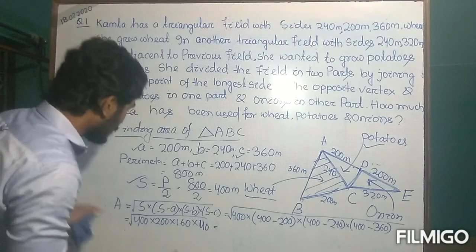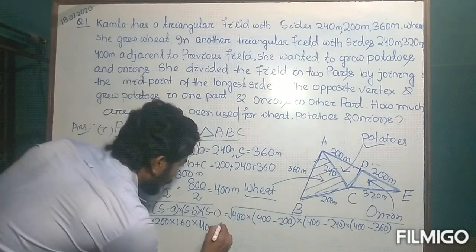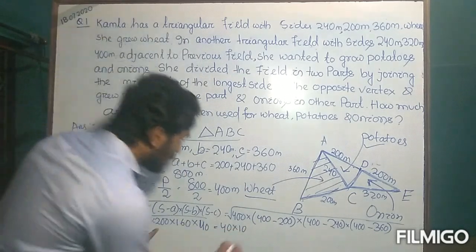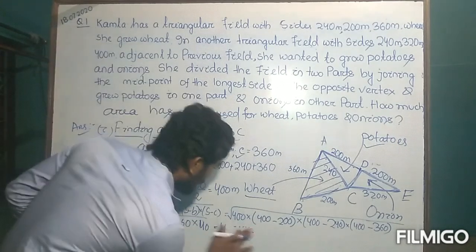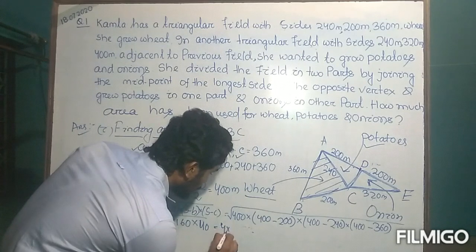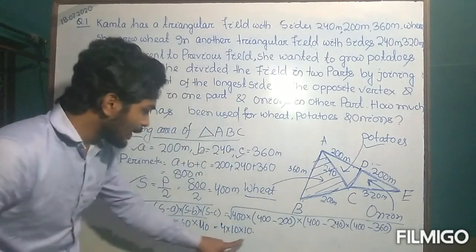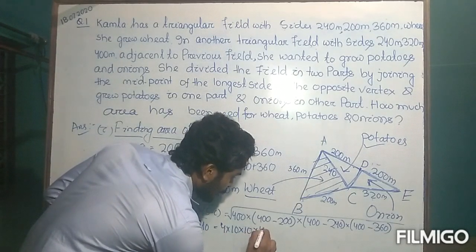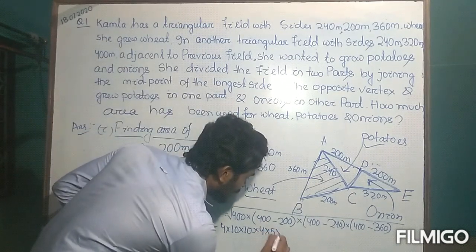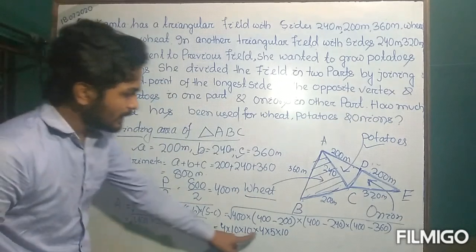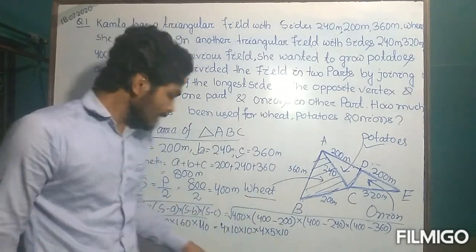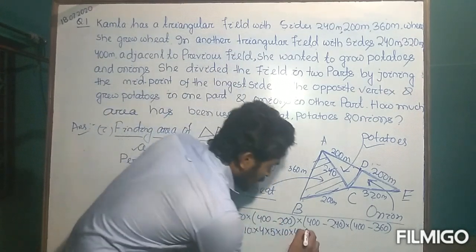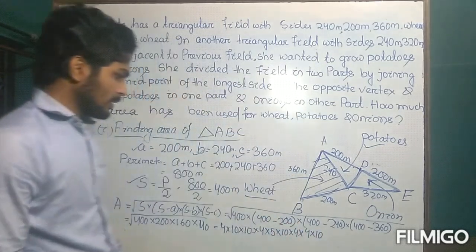Okay, I am factorizing for my convenience. 400 can be written as 4 into 10 into 10, because 10 10 is 100, 100 4 is 400. 200 can be written as 4 into 5 into 10, see 4 5 is 20, 20 into 10 is 200. 160 can be written as 4 into 4 into 10, 4 4 is 16 into 10, 160.